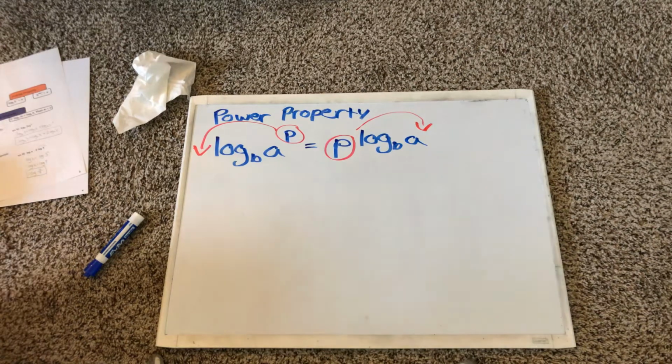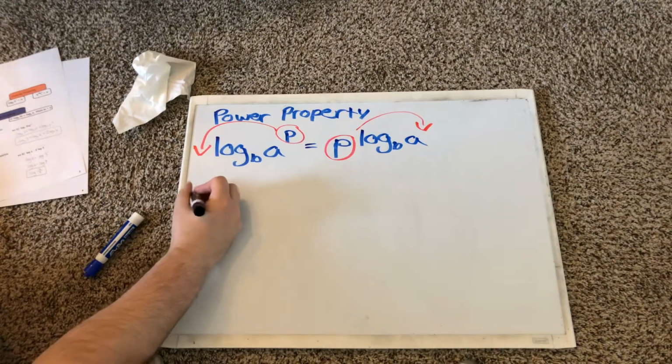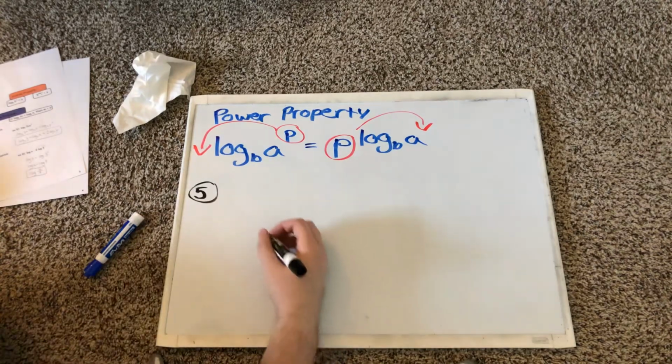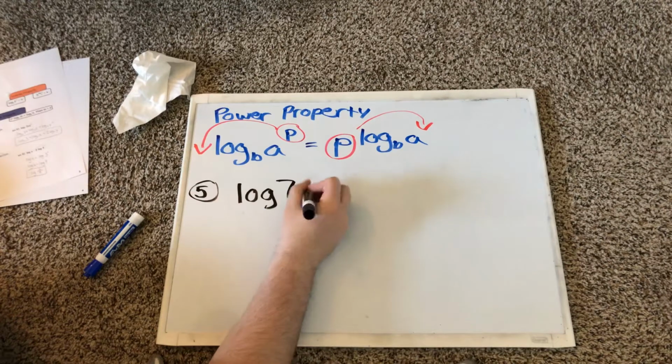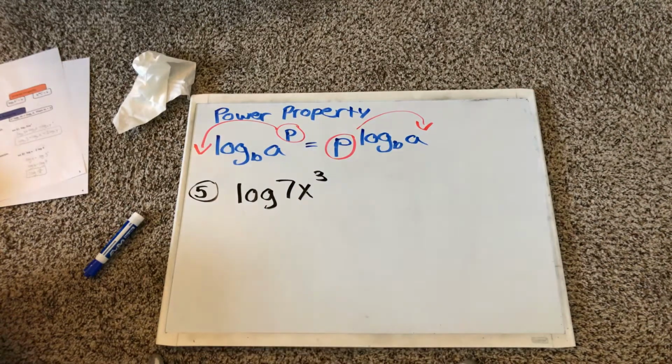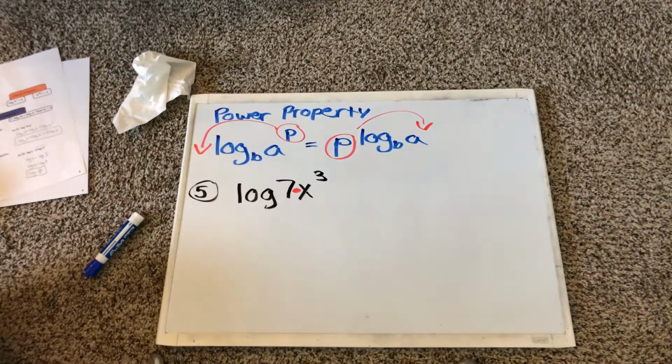So if I try an example, this is number 5 in the notes. I got log 7x to the third. When I want to expand, the first thing before I do the power property is I notice that this 7 and x cubed are being multiplied together.